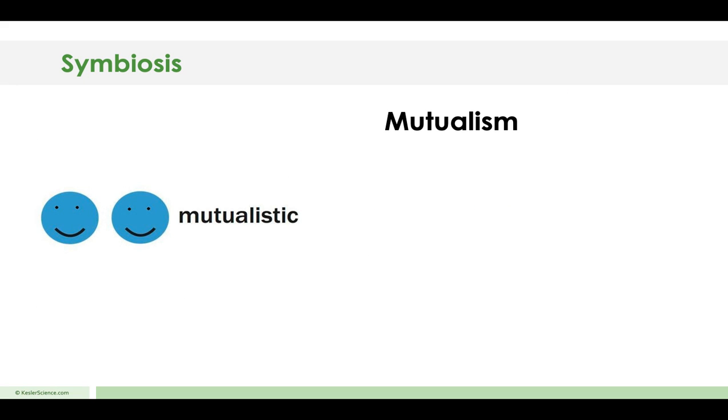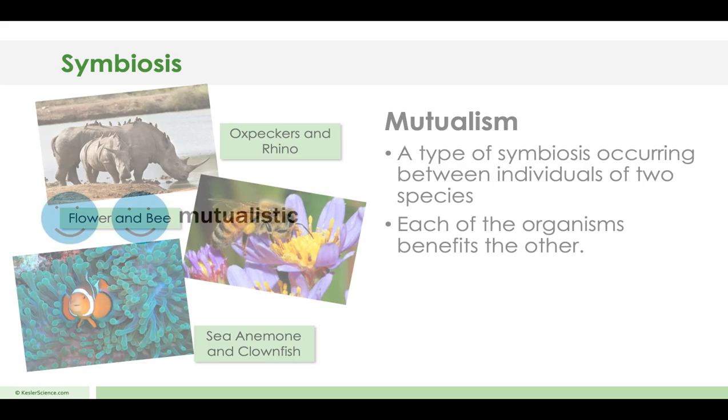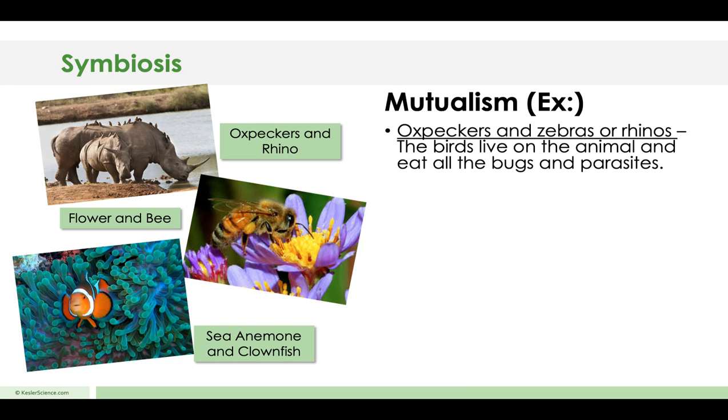A mutualism relationship is where both organisms benefit. Examples of a mutualistic relationship are oxpeckers and rhinos. The oxpeckers are those little tiny birds that ride on the rhinos' backs.